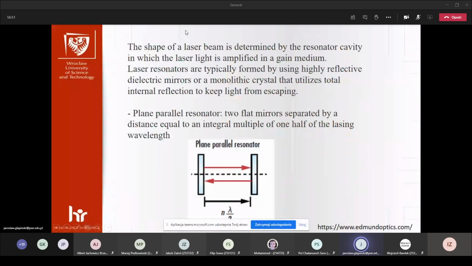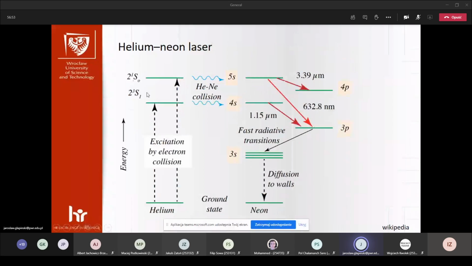This is the explanation. We have helium atoms that we can pump by electron collision. We have an electric field outside of the bulb with the helium and neon gas, and we can pump the helium atoms by electron collision.